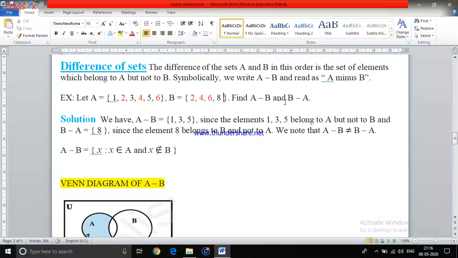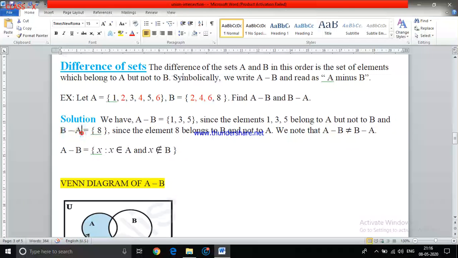I have to bother when you find B minus A. If I want B minus A, then the definition says the elements of B which are not there in A. You got it? Elements of B which are not there in A. Now I have to check each and every element of B whether they are elements of A or not.